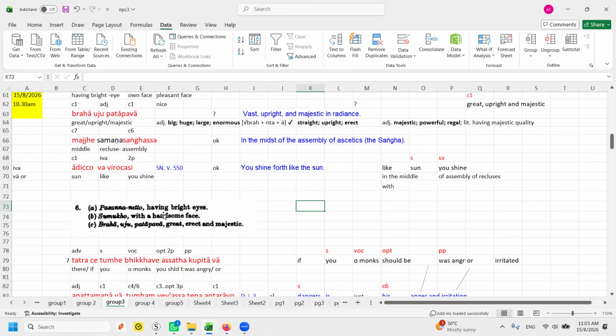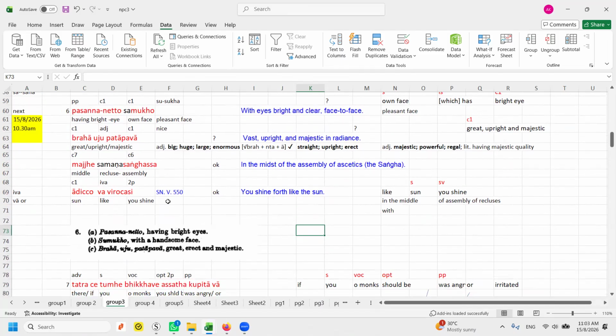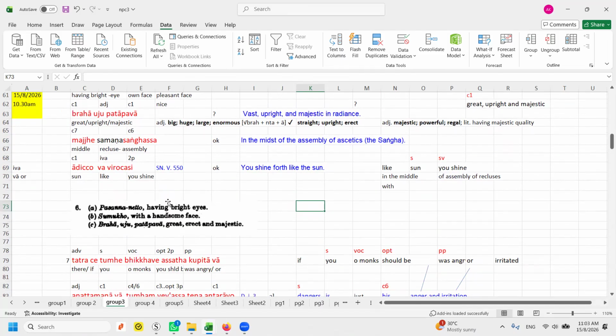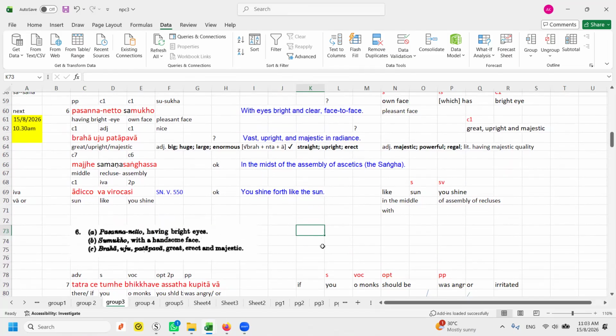Because in these few lines we cannot determine how to structure the whole line and sentences, we put the very basic in first, and after that we filter and adjust accordingly. So the Brahma Uju Vasana is used straight, erected, and majestic. Do you describe the face as erected? I'm also not too sure. This one plus this one is for comparison.